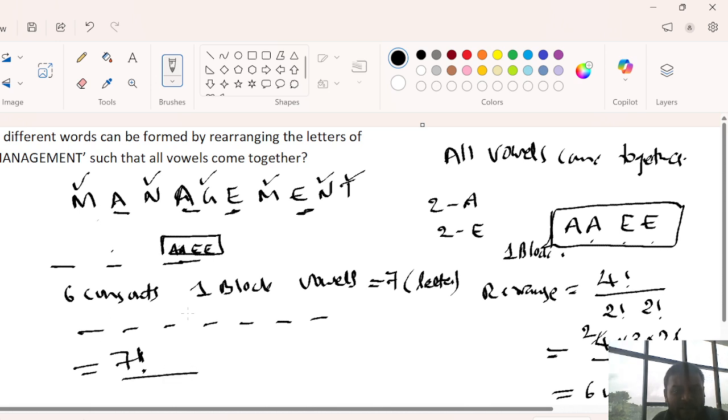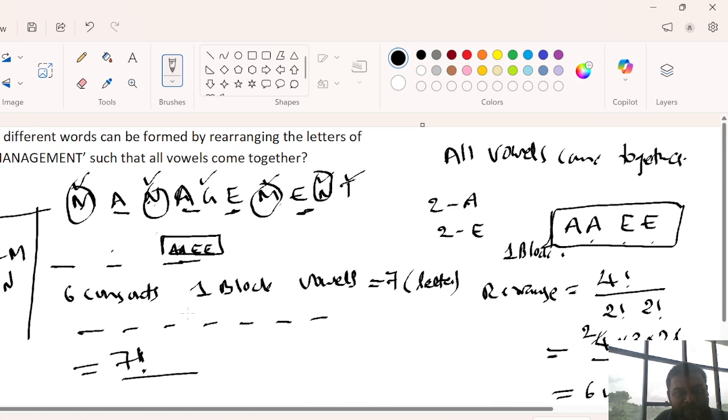And is there any repetition in consonants? M is there, yes, two M's are there. In consonants we are having repetitions. You can see two M's, two N's are there.